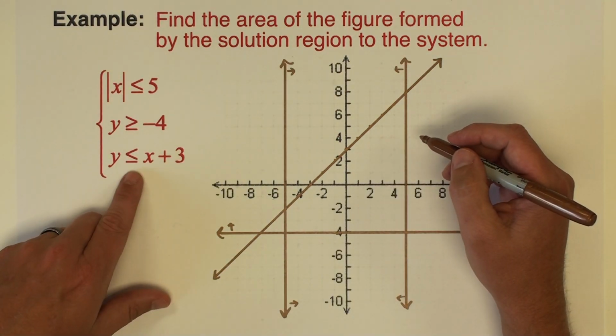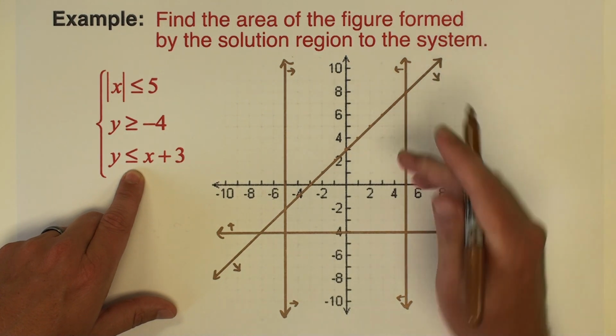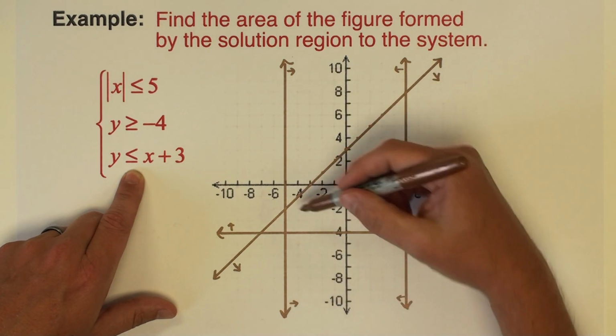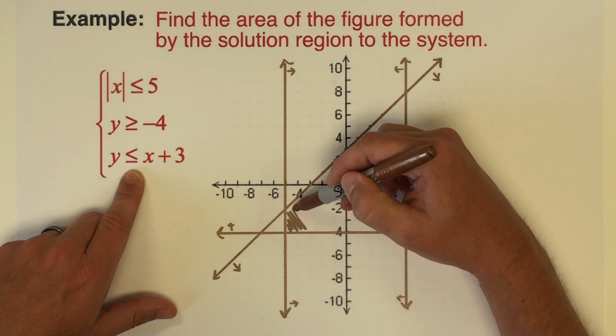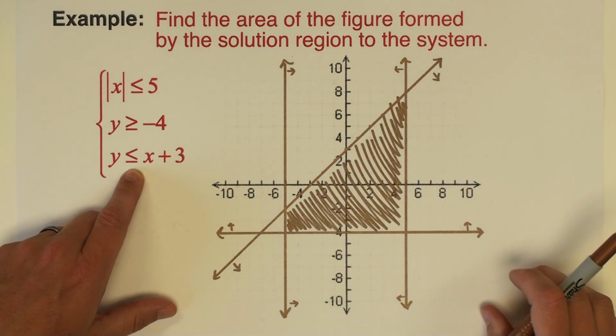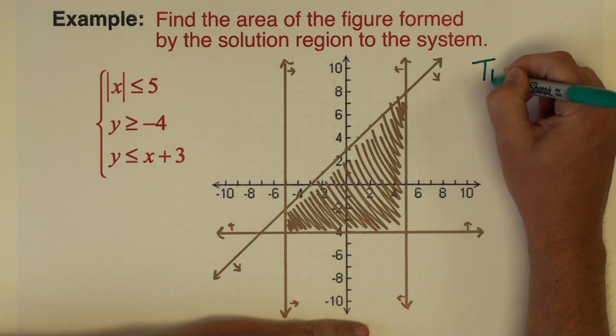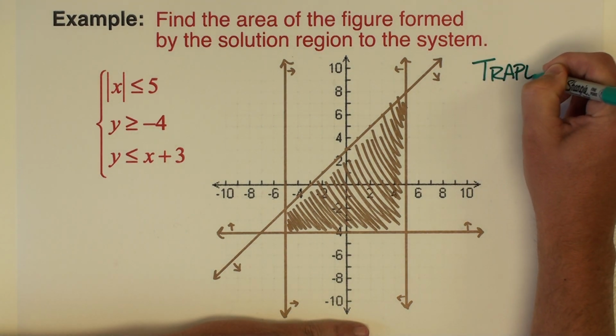This one is less than, so we shade below that line. So we want everything that was in here, now below that diagonal line, which gives us a shape that looks like that. If you search back to your geometry course material, what kind of shape is that? That is a trapezoid.